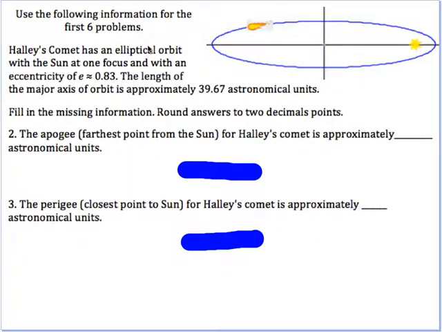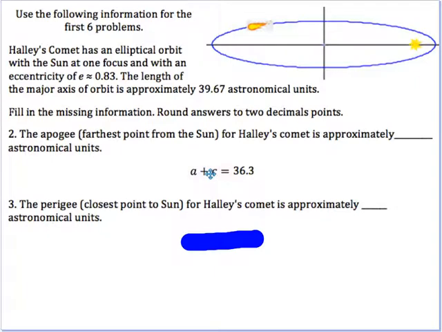All right, so now we already know A, we already know C, we already know B. So the next couple questions: the apogee, or the farthest point from the sun for Halley's Comet, is approximately how many astronomical units? To do that, here's your sun. The farthest point is going to be way over here, so you're going to add your A value plus your C value, since the sun is at one of the focal points.